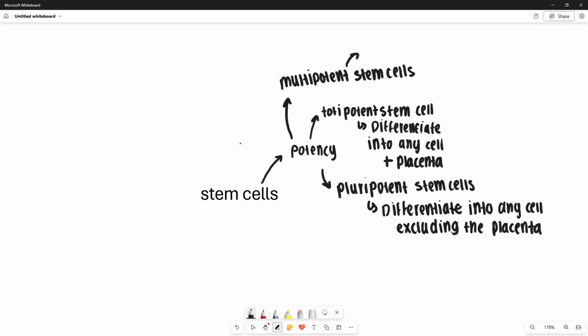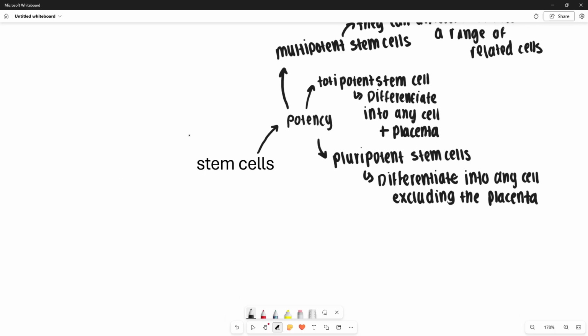What I mean is, stem cells found in bone marrow can turn into different kinds of blood cells. So they can differentiate into a range of related cells.